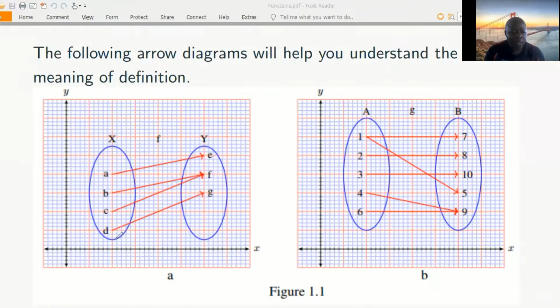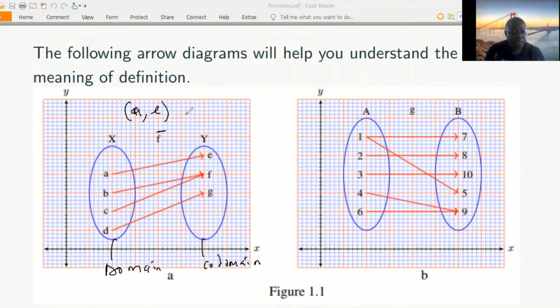I've called this x the domain, the set from which you're mapping, and this is the codomain. What you realize here is that every object, or every element in X, has been assigned an element in Y. So this is our function f. a has been assigned e.